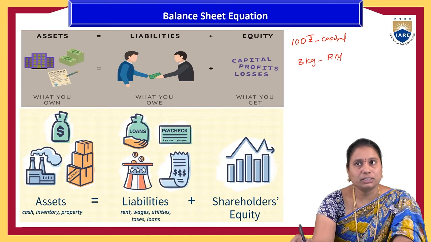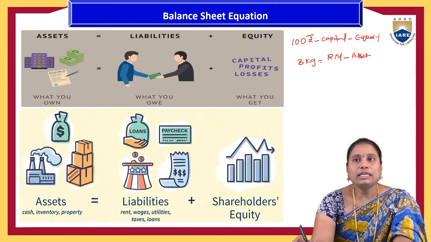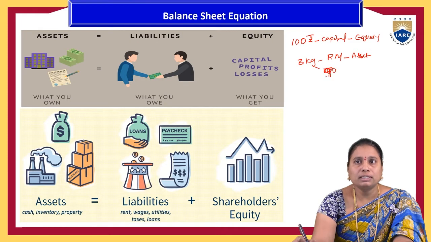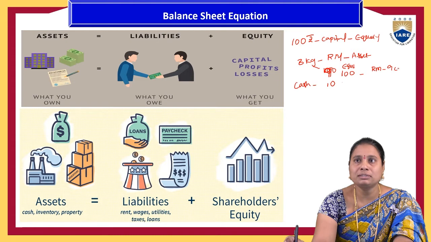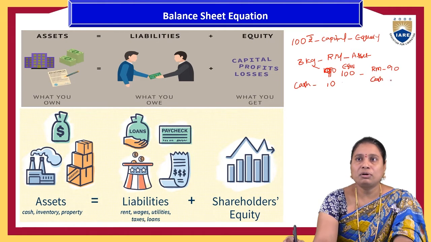Here the raw material will be treated as the assets and the 100 rupees as the equity. 3 kilos is worth 90 rupees and cash in hand is 10 rupees, which is also treated as 100 rupees. So the 100 rupees equity is now in the form of raw material worth 90 rupees and cash of 10 rupees with the organization.